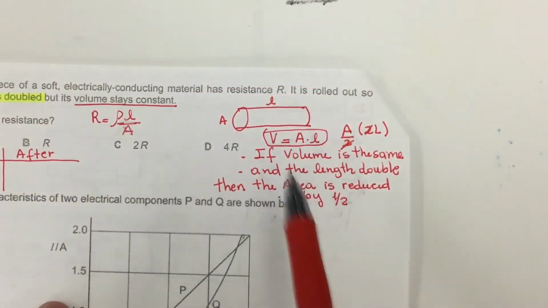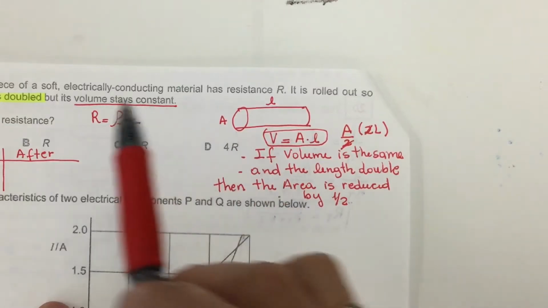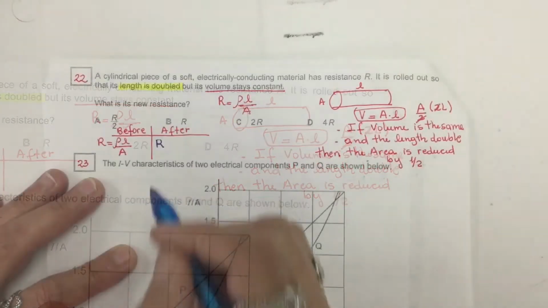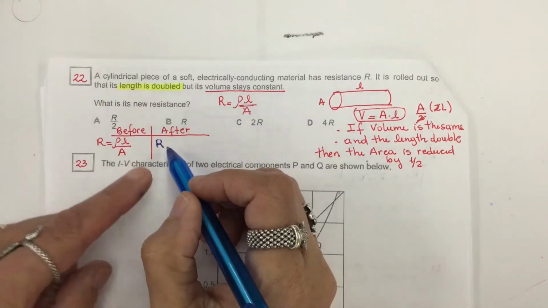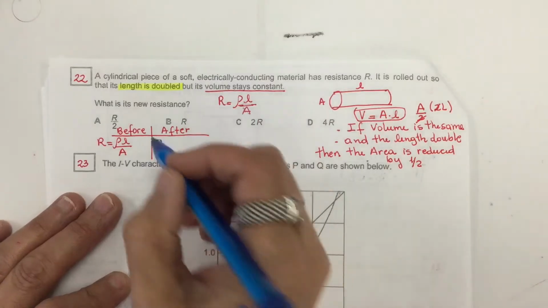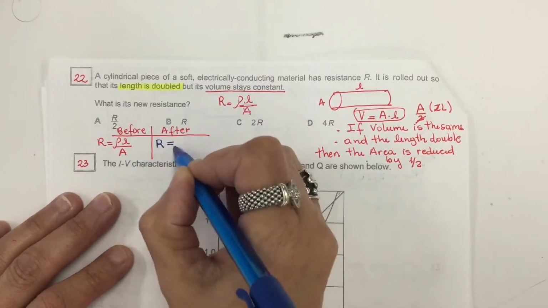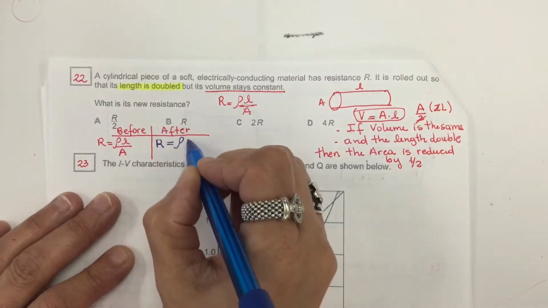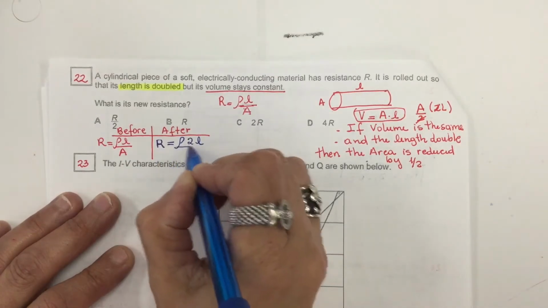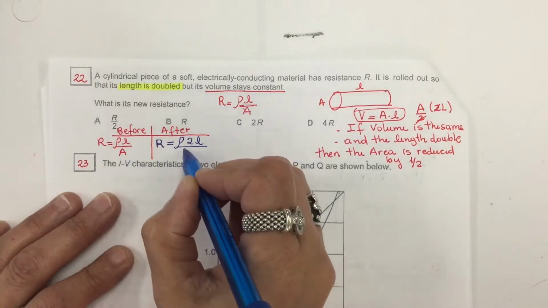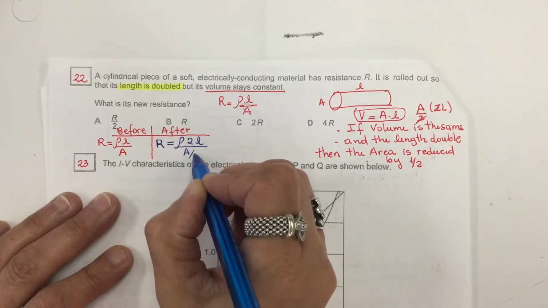So now we can apply this to our formula for resistance. The resistance after the change in shape: rho is the same. The length is doubled and the area is reduced by half.